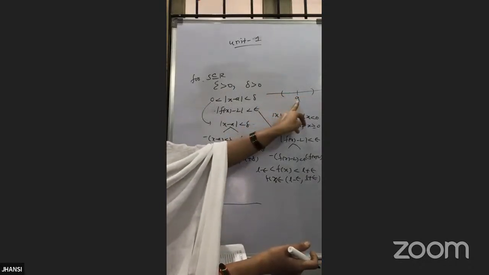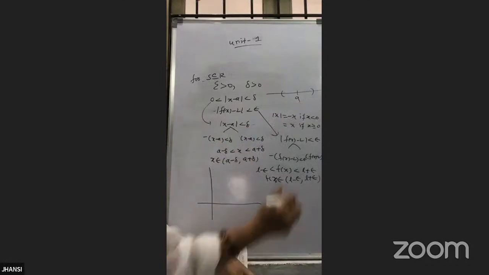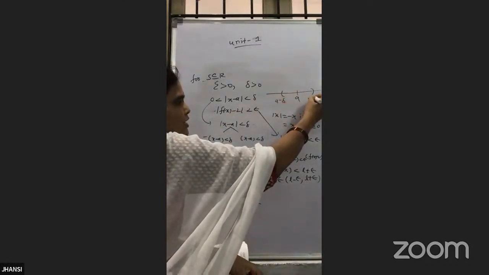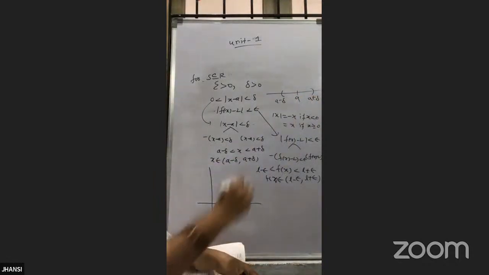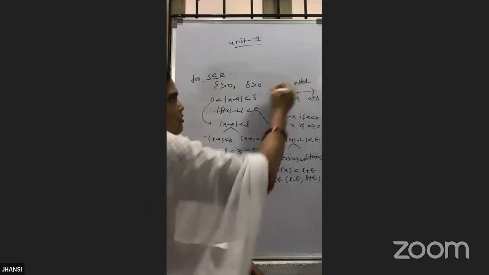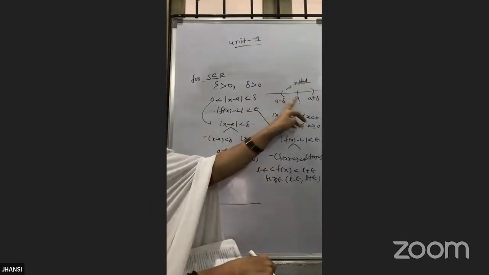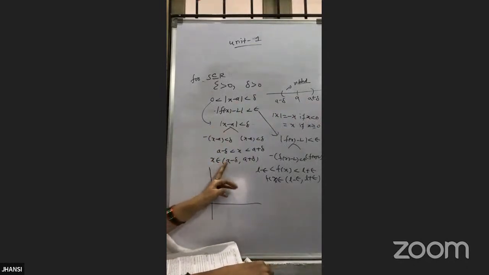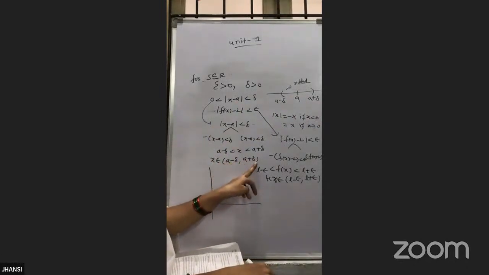So in the real line, if we take A as any number, on the left-hand side it is A minus delta, and on the right-hand side it is A plus delta. This is called a neighborhood. So the neighborhood of A is A minus delta to A plus delta. Here we got x belongs to (A minus delta, A plus delta).